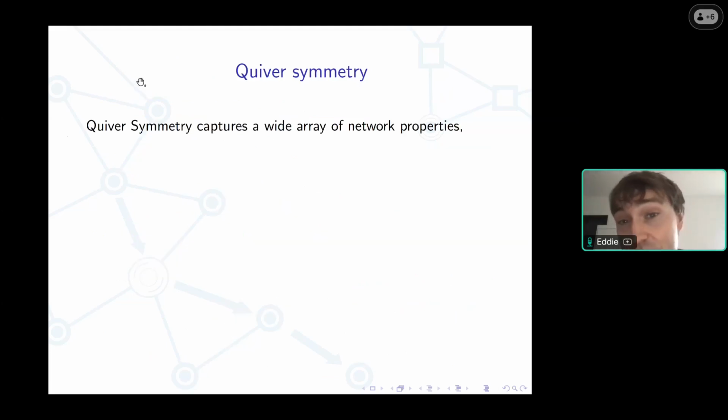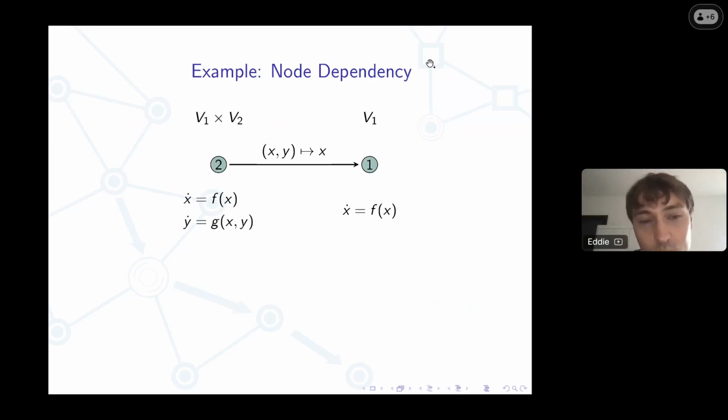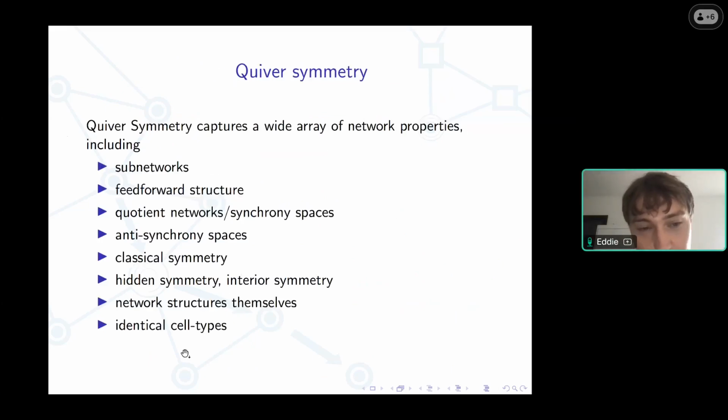So why quiver symmetry? Why am I interested in this? Because remember, I came from network dynamical systems. So it turns out that quiver symmetry actually captures a wide array of network properties. So here's a list. I will go through some of them, but I just want to highlight a couple of them here.